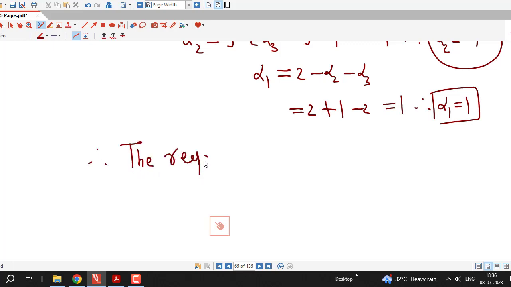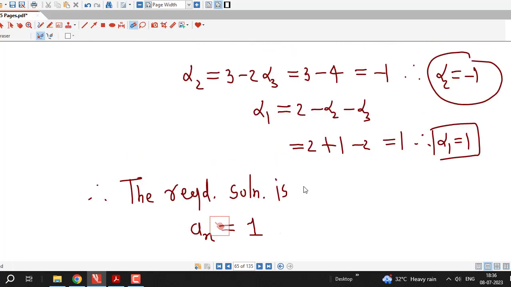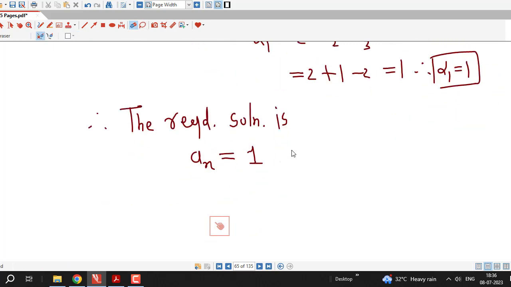The required solution, that is the solution satisfying the recurrence relation as well as the initial conditions, is alpha 1 plus alpha 2 into 2 raised to n.